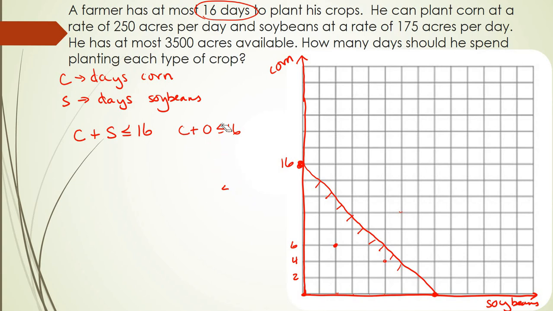I also then have some information about total acres. Corn is a rate of 250 acres per day. So if I plant corn for a certain number of days, say 4 days or 5 days, to find the number of acres, I would multiply by the acres per day.